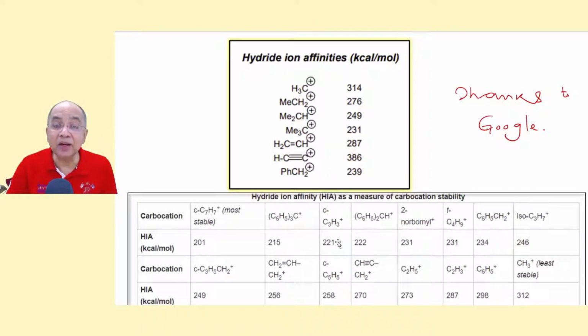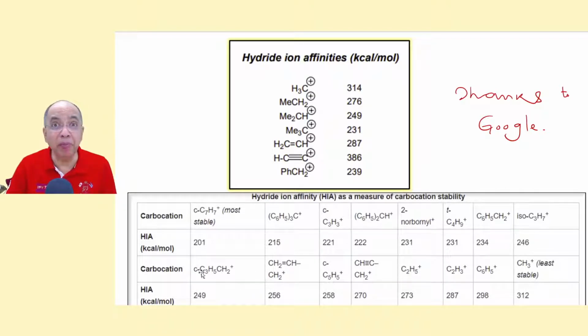Then the cyclopropenium ion, which is again aromatic. Then diphenyl methyl carbocation. Then forget about norbornyl. This is tert-butyl carbocation, which is convincingly more stable than benzyl. This is 234, this is 231. Then isopropyl.